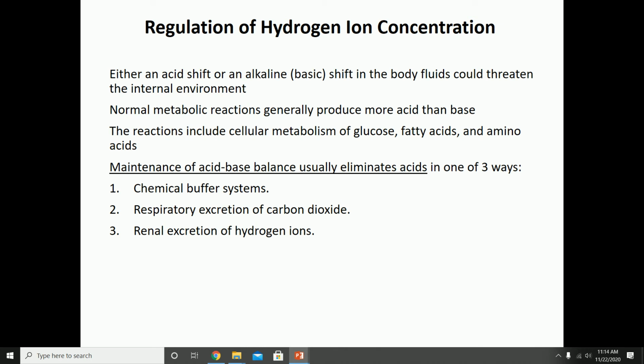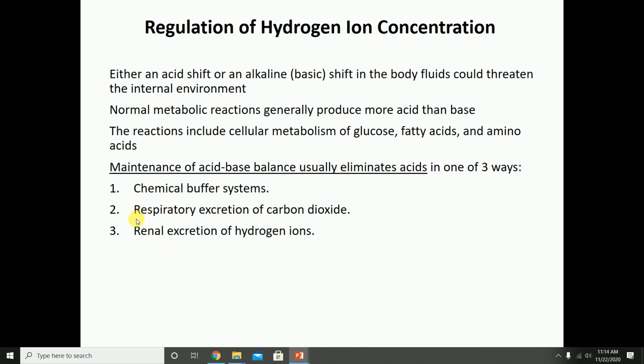Maybe something you would want to go back and review in the respiratory system. So changing the rate and depth of breathing can help either increase or decrease the amount of carbon dioxide being excreted. The respiratory buffer takes a little bit of time, about 1 to 3 minutes, for it to take effect.